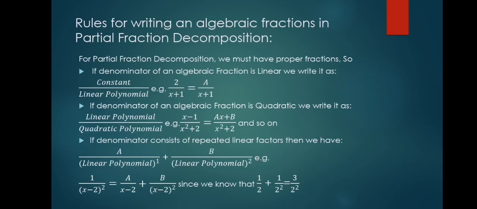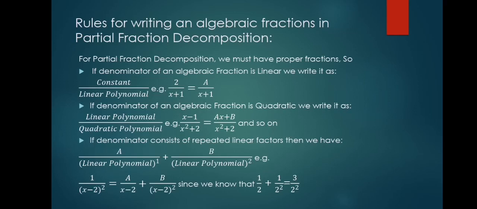Now, rules for writing algebraic fractions in partial fraction decomposition. That is how we write an algebraic fraction in terms of partial fractions for different conditions, and the conditions have been discussed below. For partial fraction decomposition, we must have proper fractions.